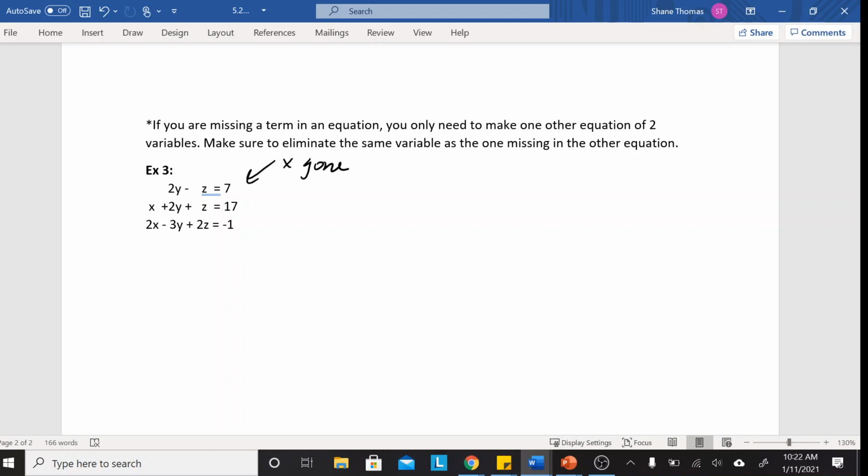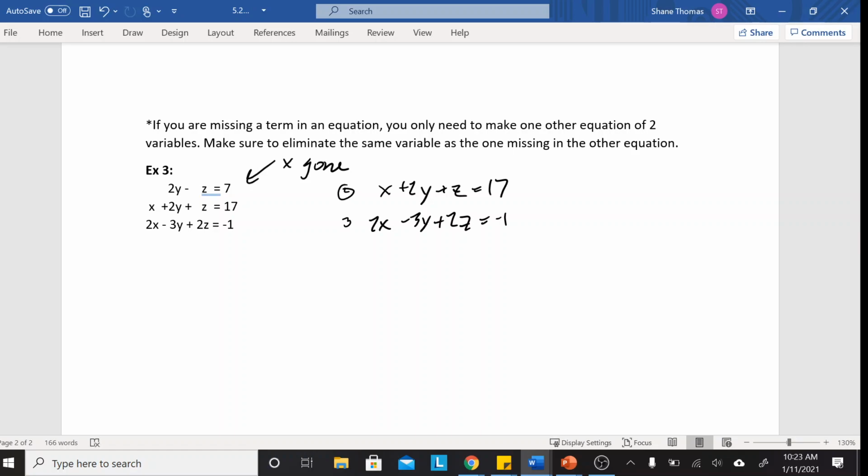All right, so let's dive right in. It's x plus 2y plus z equals 17. 2x minus 3y plus 2z equals negative 1. All right, so I have x gone in this equation over here, so I need to get rid of x in this set.